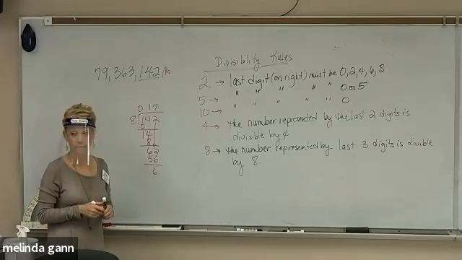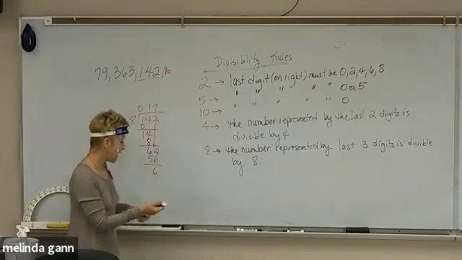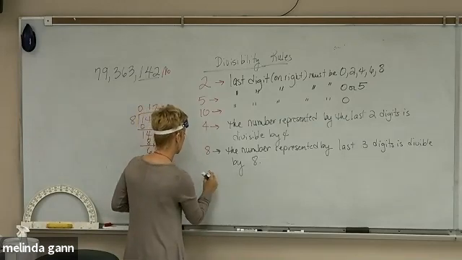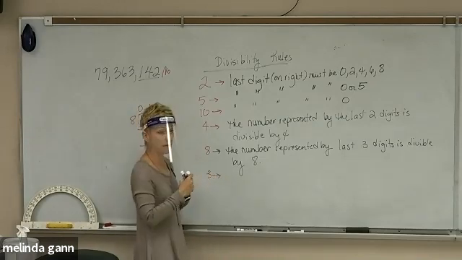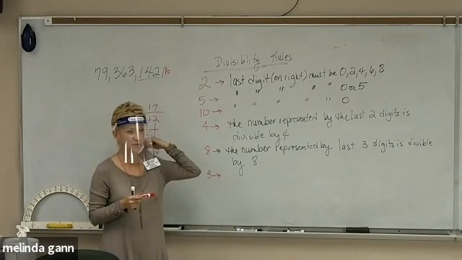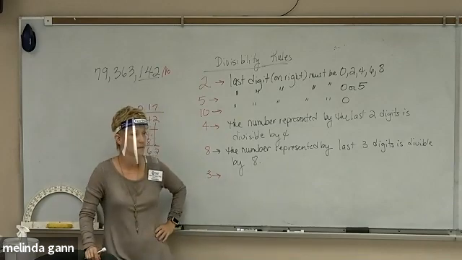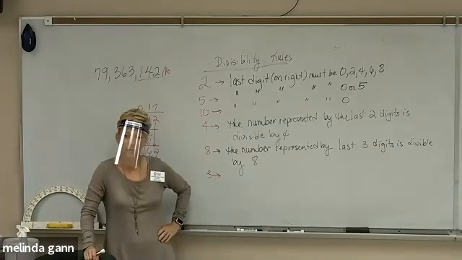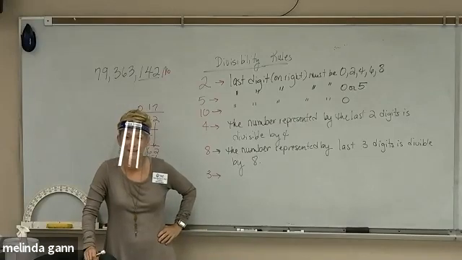Are we okay? All right, now, you know how you check for 3? This one you may remember. You probably did this one in elementary school. Do you know how to tell whether it's divisible by 3 without actually dividing it? Anybody remember? You add the digits.